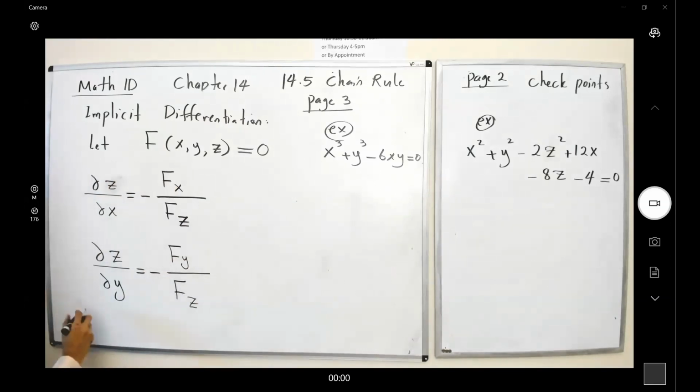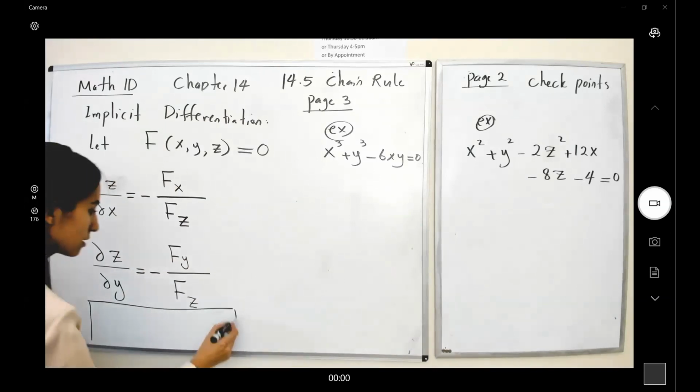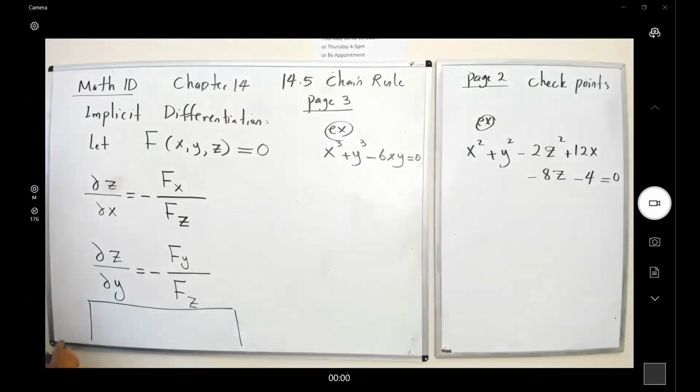So if you have just two variables, you can take the implicit differentiation this way. So you can write y prime of x equals minus f of x divided by f of y. So zx, zy, yx. So you can write it this way.